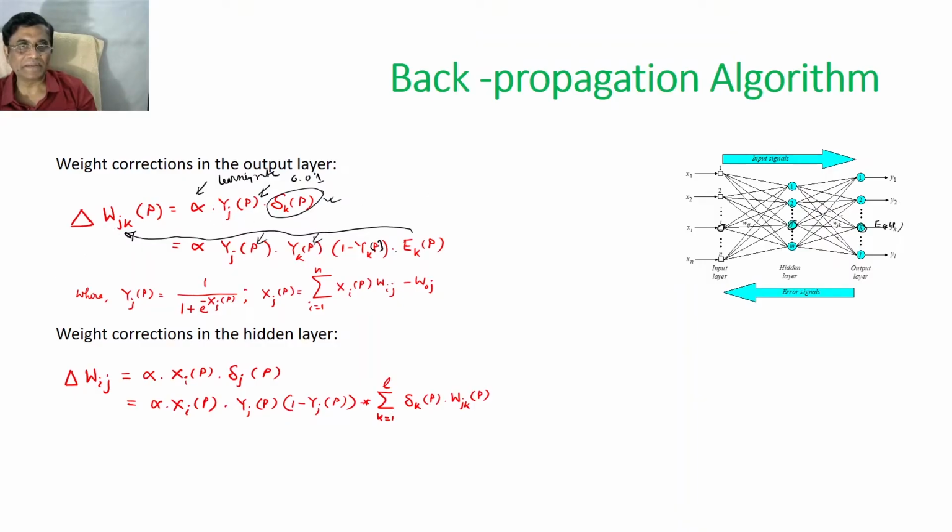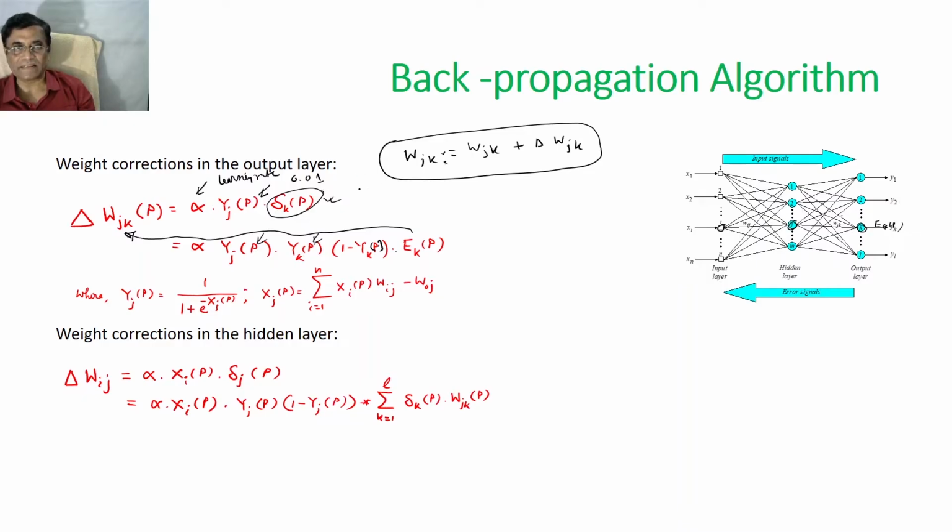Once this parameter is there, you can update WJK equals WJK plus delta WJK. So the new assignment of WJK will be the earlier WJK plus delta W. This is the delta learning rule, and in disguise this is nothing but your gradient descent algorithm.